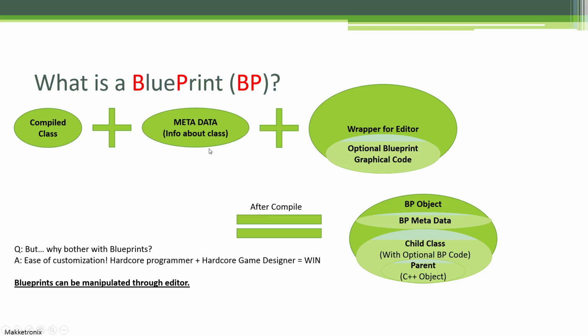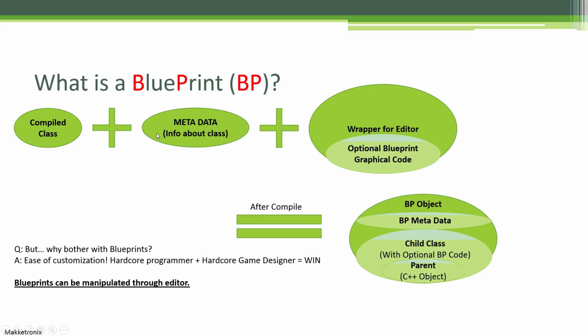After we compile all this, we get our blueprint. So a blueprint is a collection of a parent C++ object. It's possible to have a child class. So basically, when we create a blueprint class, we can add our own graphical code and the metadata.